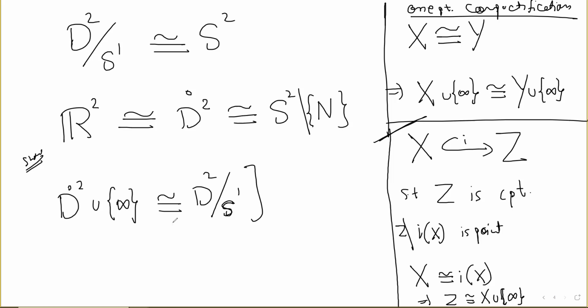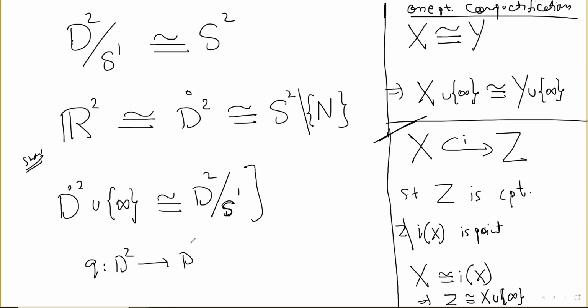Then to show continuity, you will be using the definition of one point compactification, right? But can you just use this property? If we have a property now, we just use it. So basically the quotient map, just to use that property. Otherwise, you can do this, but just to use the property.